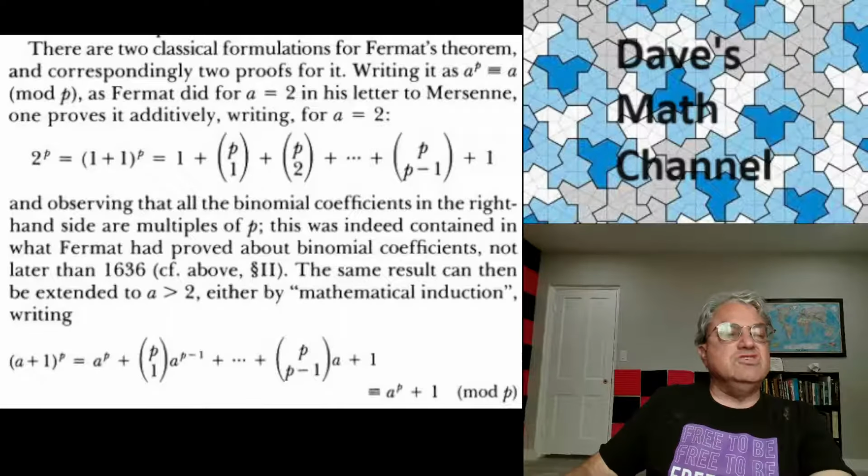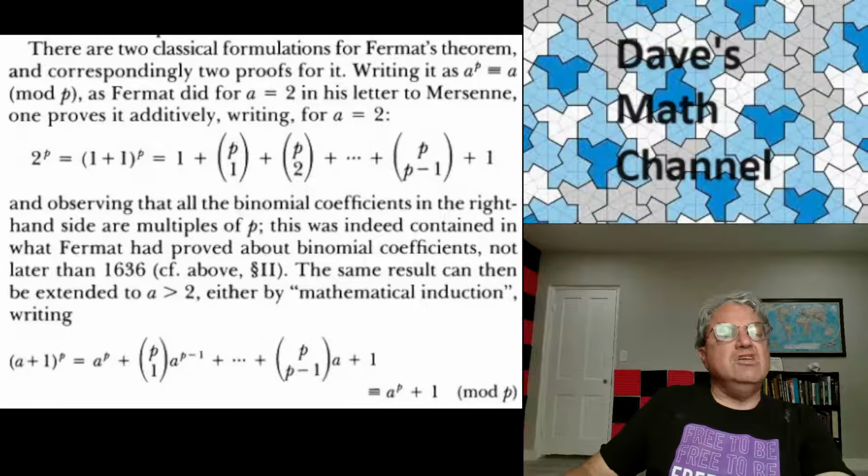And so you can do a special case of that here, which is what they're doing on the top line. In particular, if we use exponent p, where p is a prime, then look at the special case where a is 2. So for 2 to the pth power, we can write 2 as 1 plus 1, and then just apply the binomial theorem.